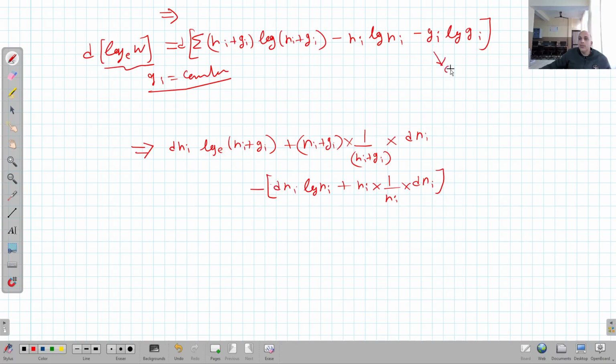For this term, it is equal to 0 because we have considered Gi is equal to constant. So the things get cancelled.